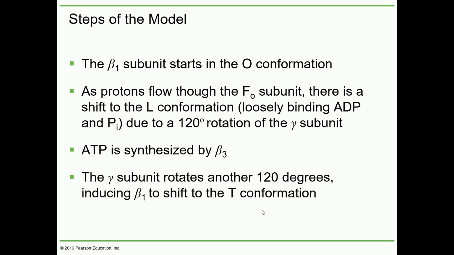So this I have already discussed. So the beta 1 subunit starts in O conformation. In the O conformation, it has little affinity for both the substrates and the products, which means it has little affinity for ADP and phosphate, and a little less affinity for ATP.